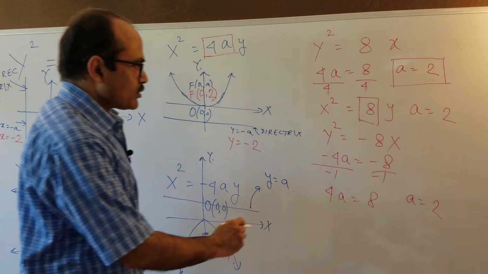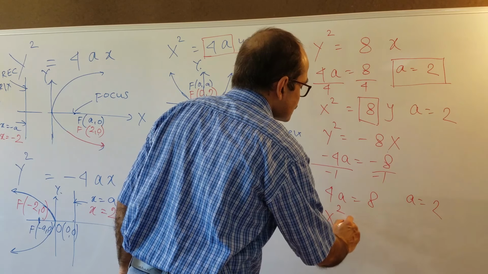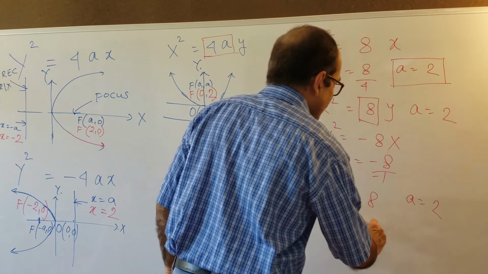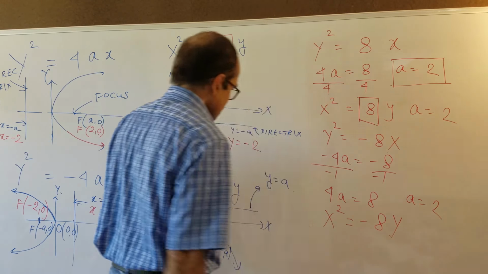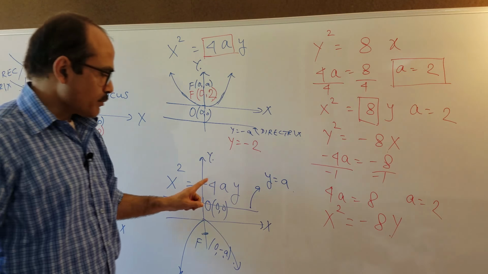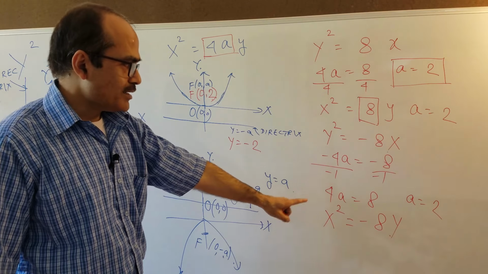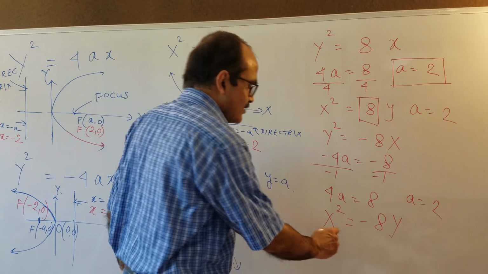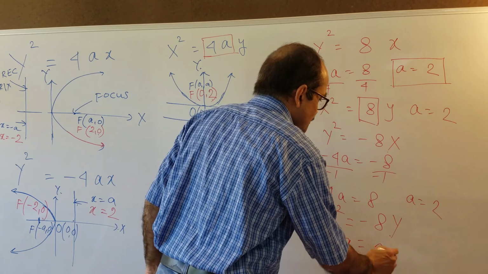Next is x squared equal to minus 8y. So, this equation is comparable to this one. So, here minus 4a is minus 8 and similar to this one, a is equal to again 2.